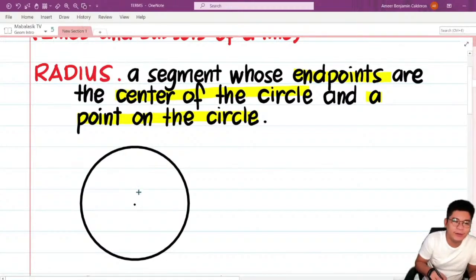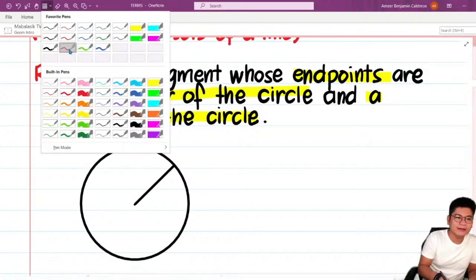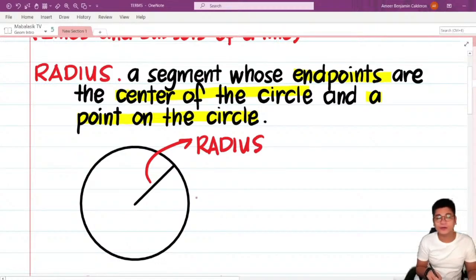So, let's have our segment. This is one endpoint and a point on the circle right there. This is the radius, guys. Itong segment na to. Okay? Radius. Also, obviously, the radius is the distance from the center to any point on the circle.